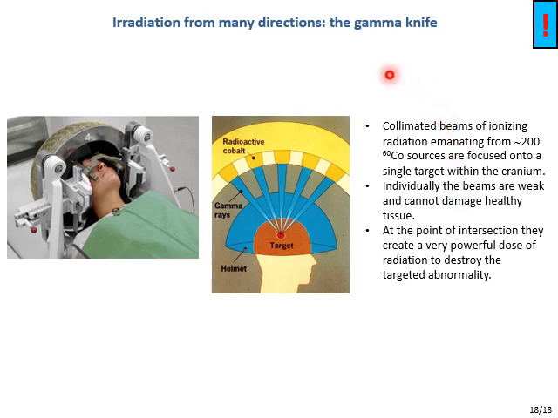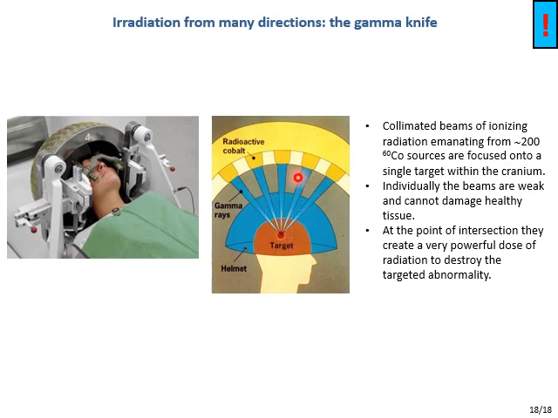One realization of such an approach is called the gamma knife. In this application, approximately 200 gamma sources are incorporated into this helmet. This is typically used for brain surgery, and all of these gamma sources are arranged such that all of the beams are aimed at the tumor.